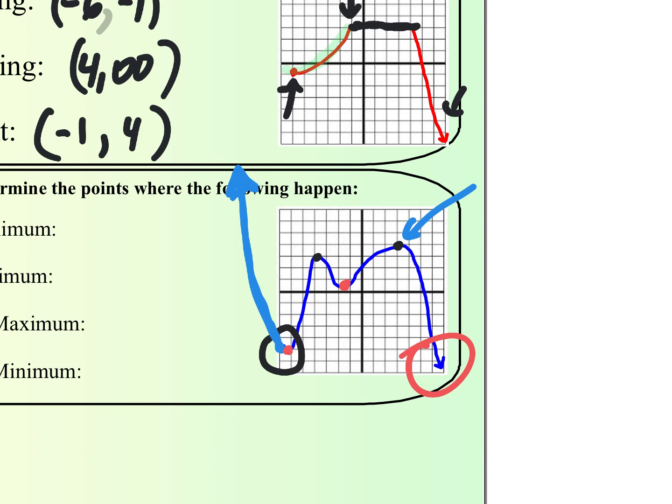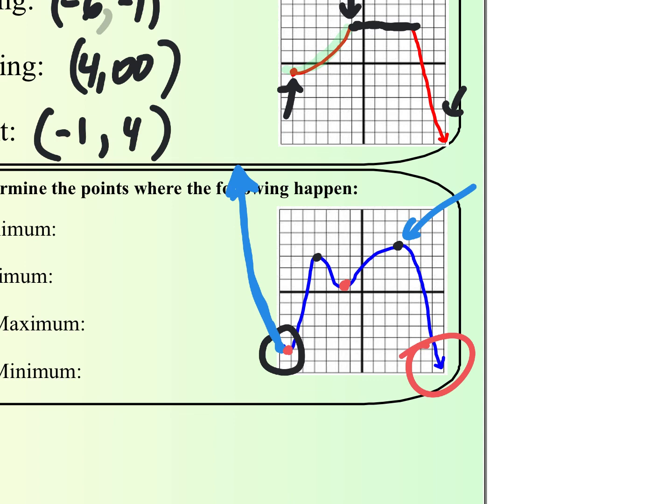This is a good question I got in the other hour, and I just want to ask it. Is the absolute minimum negative infinity? Well, you have two choices. How many of you would pick, if you were asked, what is the absolute minimum?